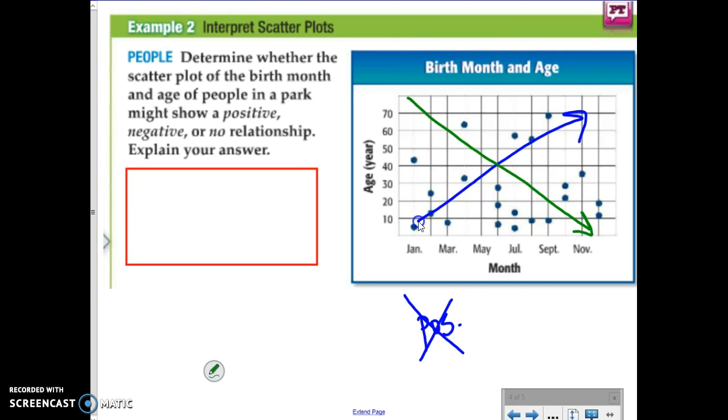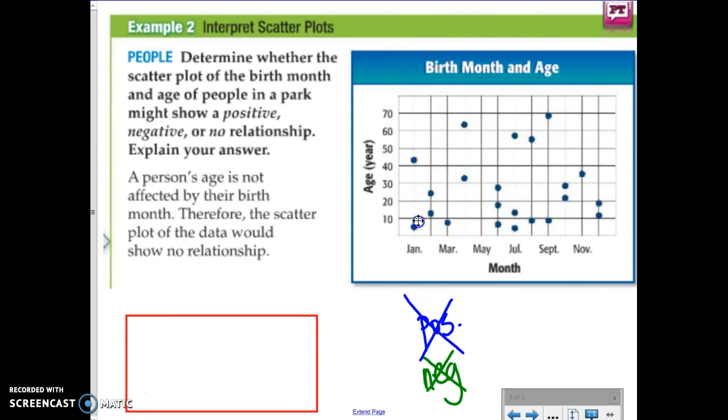Now, when I talk about positive and negative correlations, those coordinate points do not need to be exactly on that negative correlation line. They can really be scattered anywhere along that line as long as you can tell that as x increases, y is going to decrease. So we know that we don't have a negative correlation, okay? But we do have what we call no correlation.